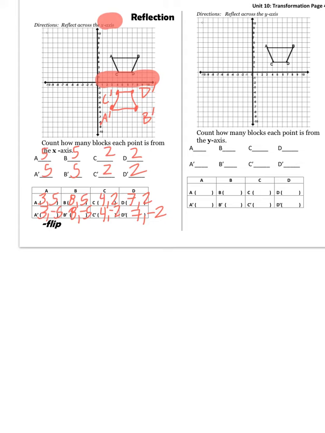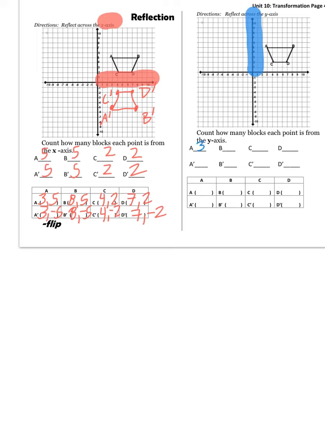Alright, so the next example, we reflect across the y. So that means we're going to end up in quadrant 2. So you take this image, come over here. Okay, so A is 1, 2, 3 units away from the y-axis.